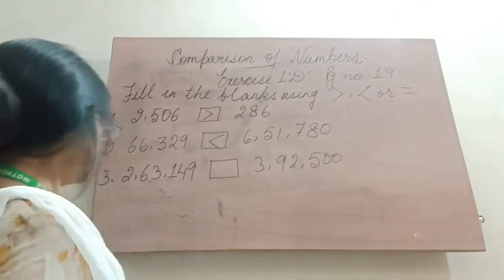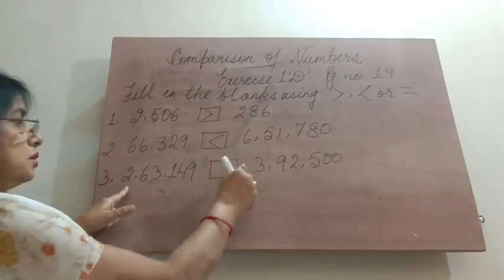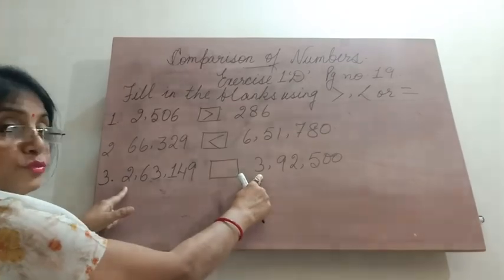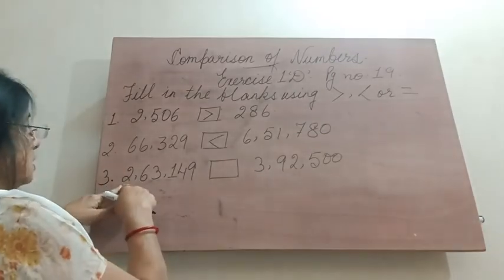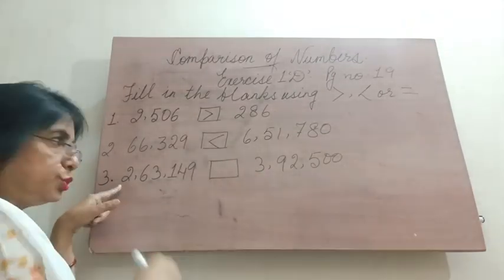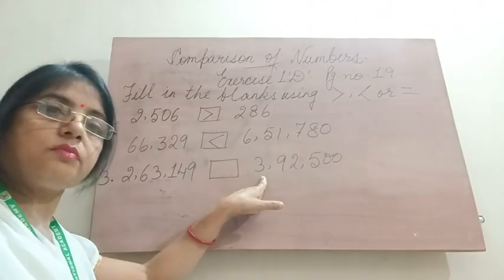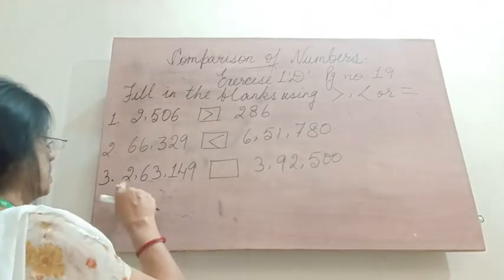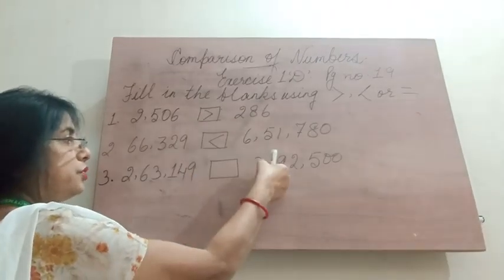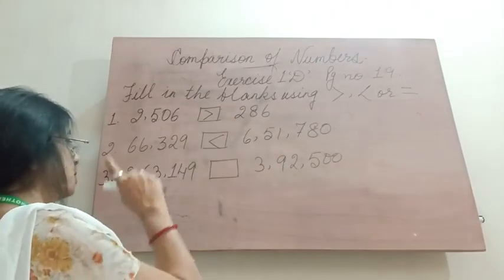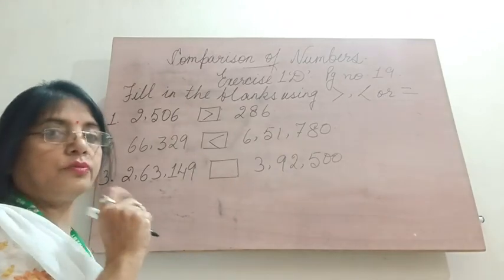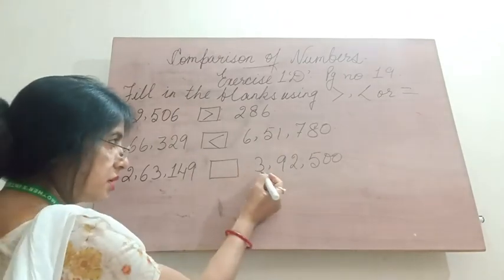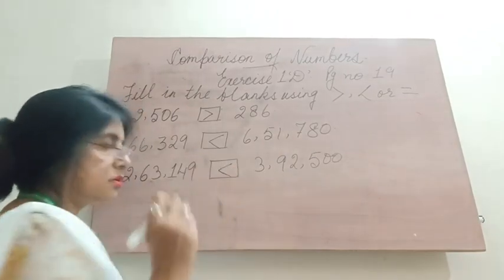So what to do? We have to start comparing digit-wise from the left hand side. Here the first digit is 2, and in the second number the first digit is 3. Obviously we know very well that 2 is smaller than 3 and 3 is greater than 2. So which number will be greater? 3 is greater. So the sign will be this sign.